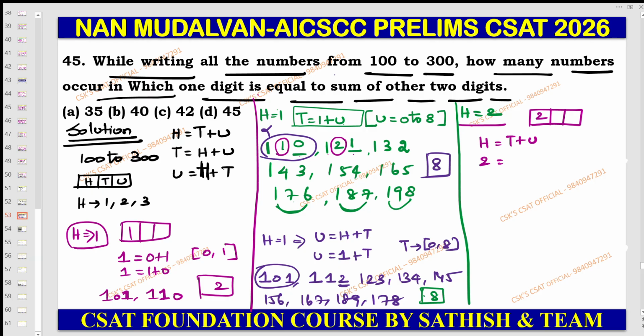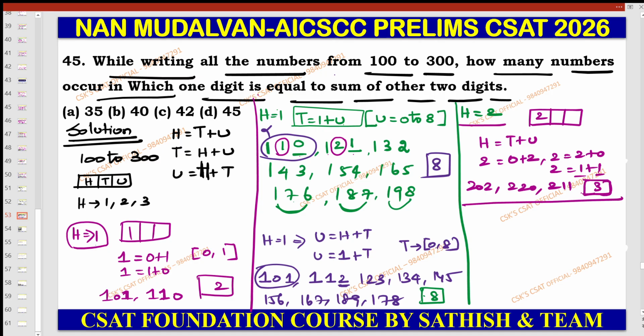What all is possible? 0 plus 2 is possible, 2 plus 0 is possible, 1 plus 1 is possible. Here three cases, which means 202, 220, and 211.